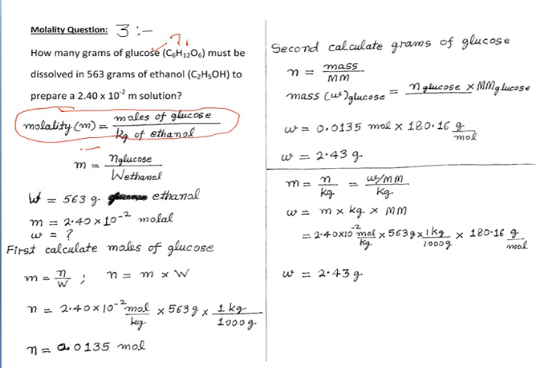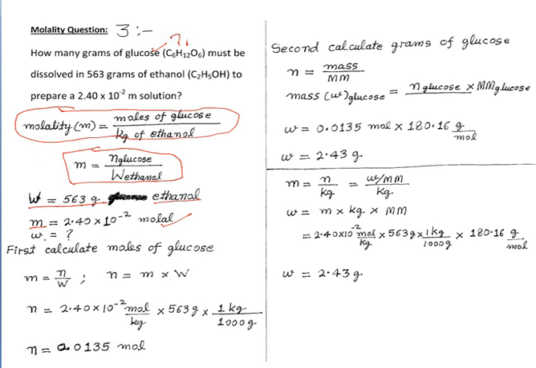I can summarize this formula as small m, which is molality, is equal to small n divided by capital W. So let's see what values are given in this question. First, capital W, which is 563 grams of ethanol, and small m, the molality of the solution, is 2.40 times 10 to the minus 2 molal, and how much glucose we have to add, that we have to find out.